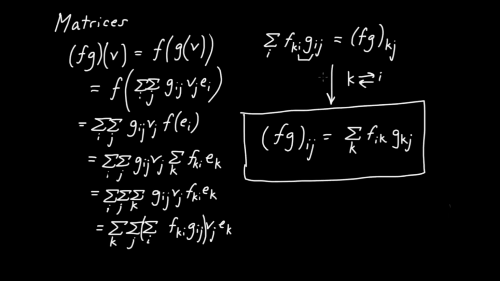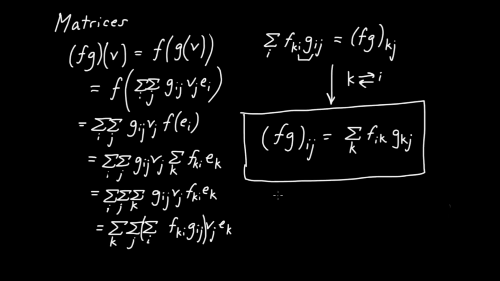But as I said, it's the structure, the form, not the letters themselves, that are important. So what we've derived here is the correct formula for multiplying matrices such that they correspond to what's going on with linear transformations. In the case of these matrix multiplications, it's what's going on when we compose linear transformations. And fg is going to represent the matrix that represents the composite linear transformation f of g acting upon some vector. Now, how do we understand what this sum means?